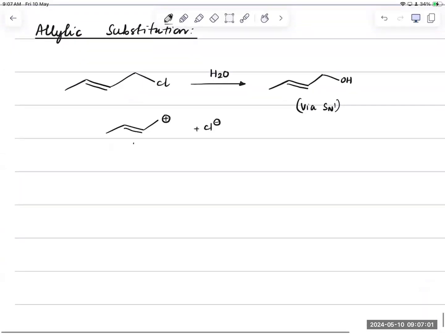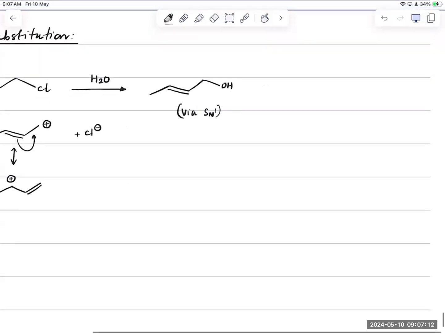But due to resonance, if you notice, this pi bond, if it moves here, we will get this as double bond with positive charge. And because of this double bond and positive charge, we will notice that there is another product which we can form. This is an OH.